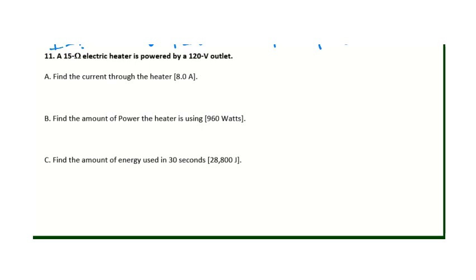Question 11. A 15 ohm electric heater is powered by 120 volts. So we are given our resistance, 15 ohms, and our voltage is 120. We have to find the current.